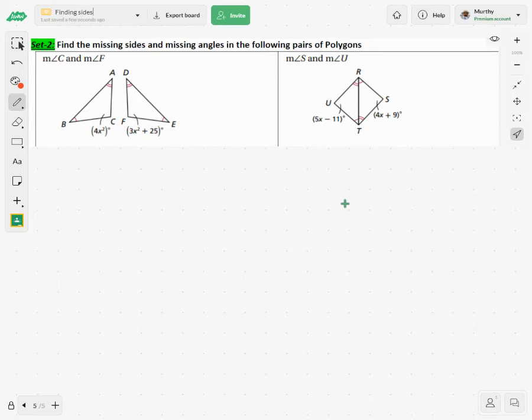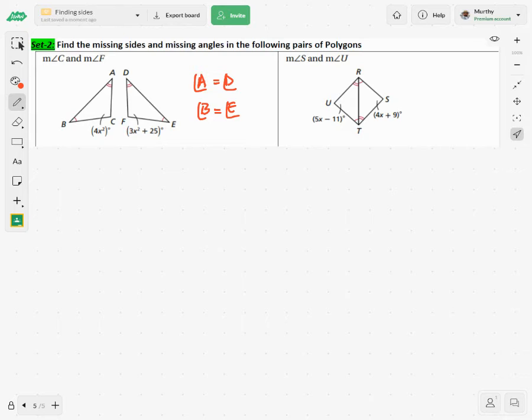Because only two angles are given: angle A equals angle D, angle B equals angle E. You can look at the symbols. Those symbols are indicating that angle A equals angle D. How do you know? It's given. Angle B equals angle E. How do you know it's given? The symbols are indicating.